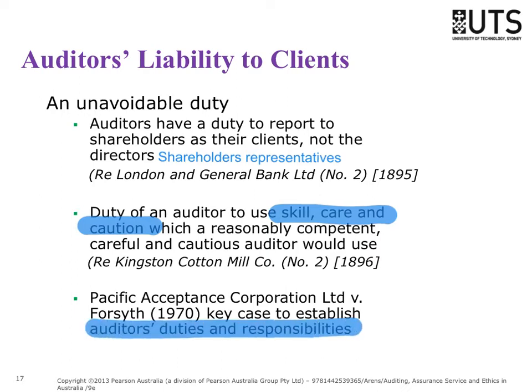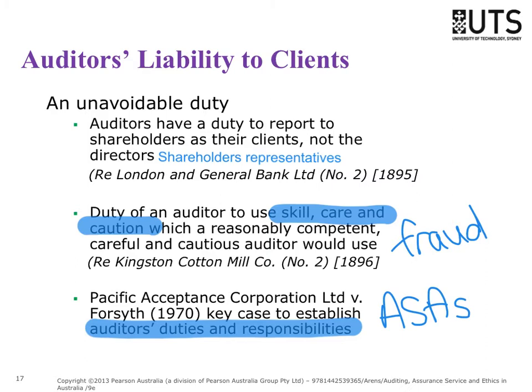Now, out of Kingston Cotton Mill, there's also some requirements about fraud, which I'm going to touch on a little bit later. It's probably most well known for the requirements about fraud. And the Pacific Acceptance case was really the first case that spelled out exactly what an auditor's responsibilities were. We had general definitions about the auditor is meant to check that the financial statements are true and fair, but there weren't many instructions on how to do that.